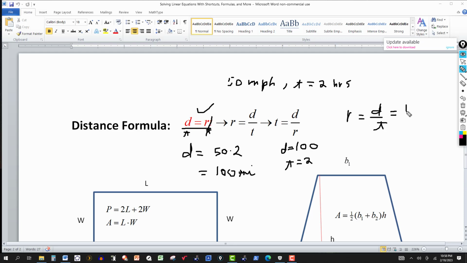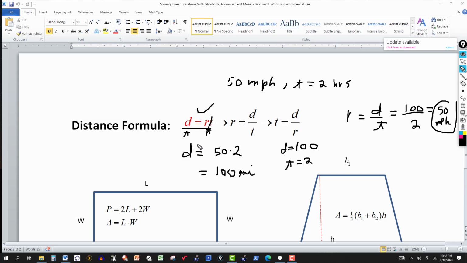So it's d, or distance in miles, is 100. The time in hours is 2. 100 divided by 2 is equal to 50. So remember, this is miles and this is hours, so this is 50 miles per hour.